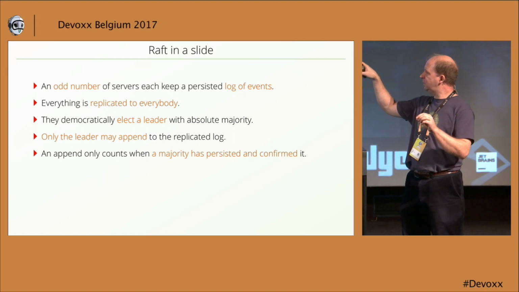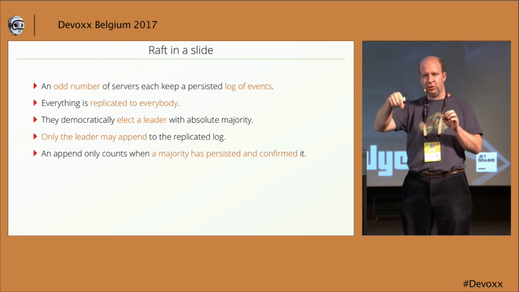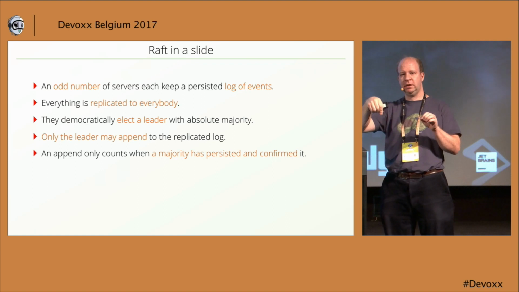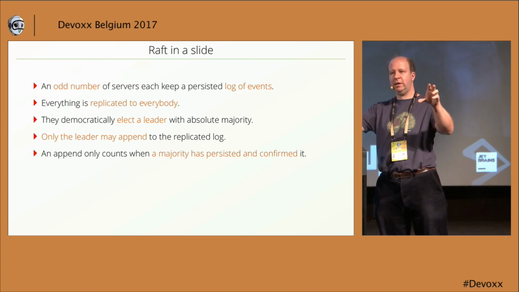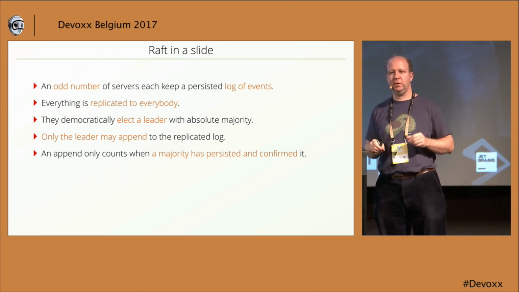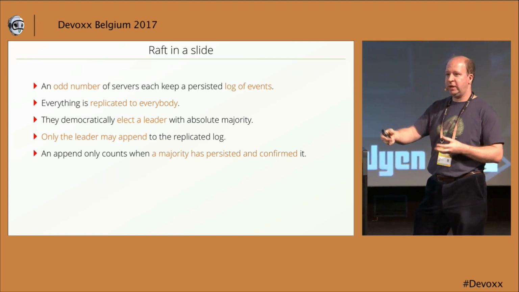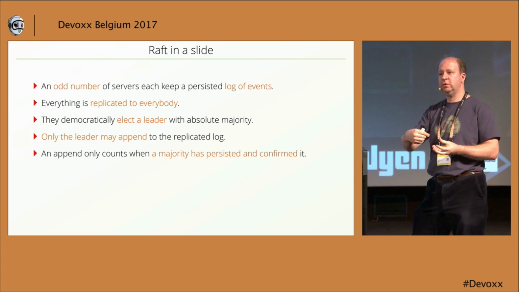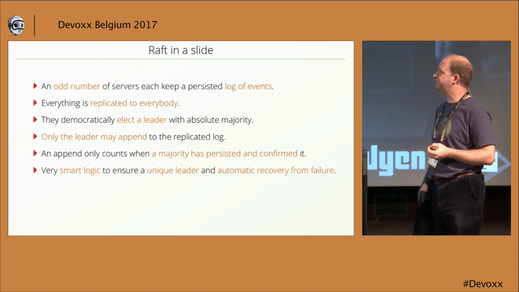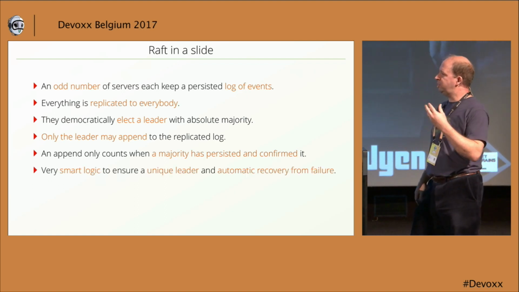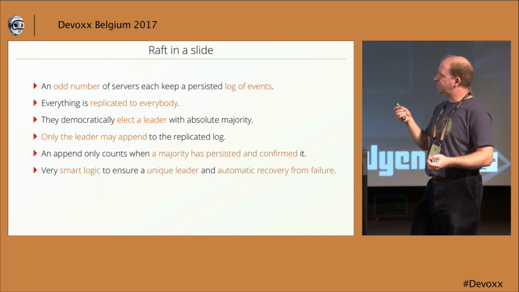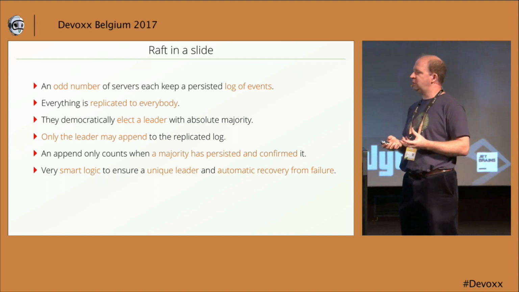And the append only counts if not only the leader has appended it, but if it has replicated everything to at least a majority, including the leader. And obviously, this majority has to have appended it and confirmed it to the leader that this is now appended. Now, there is very smart logic in the protocol, essentially ensuring that there's a unique leader.